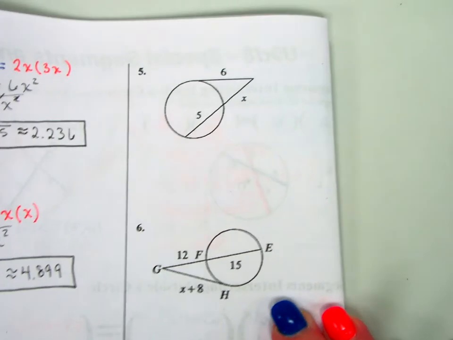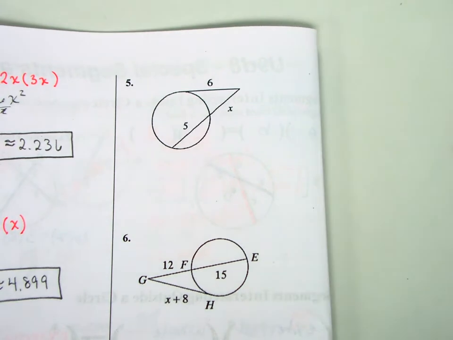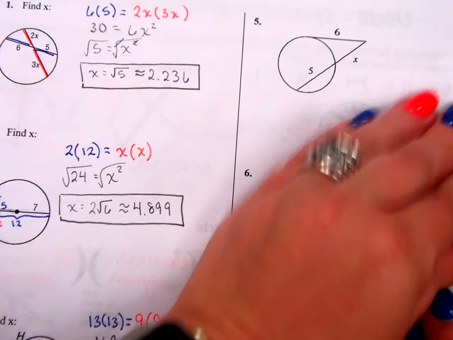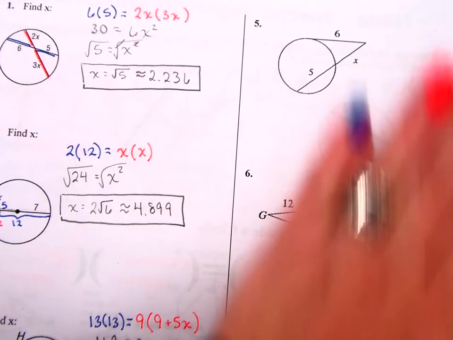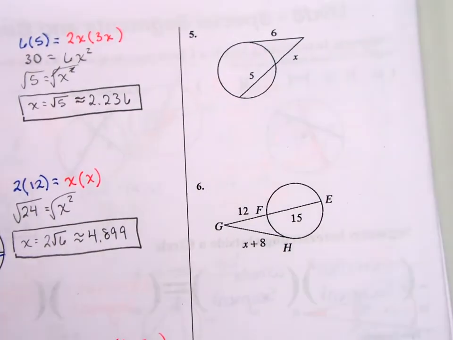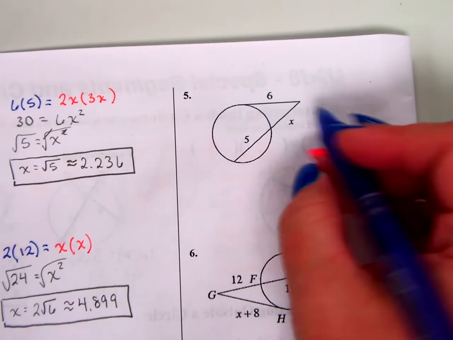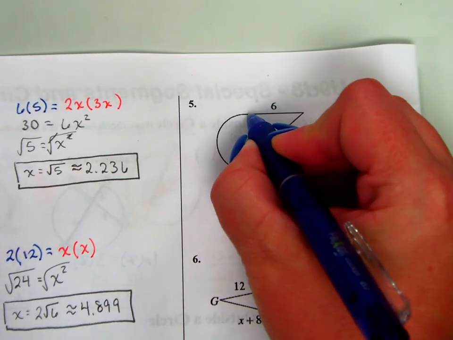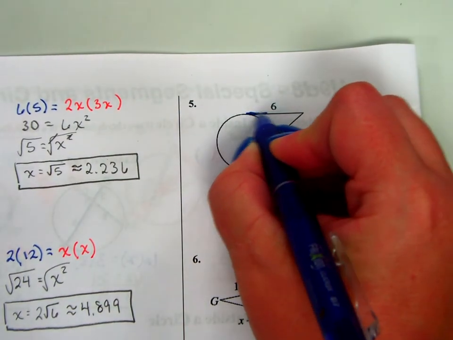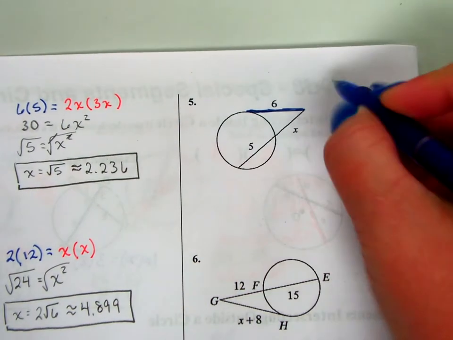Okay. Let's look at 5. External times whole equals external times whole. I'm trying to rotate my page so I have a little more space. Okay. External times whole equals external times whole. If I start with the top one, and you don't have to, that's just what I do.